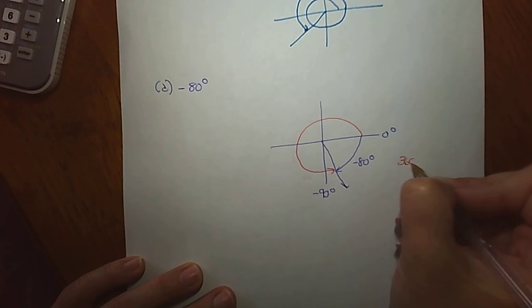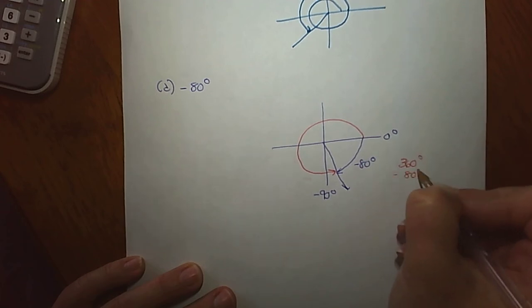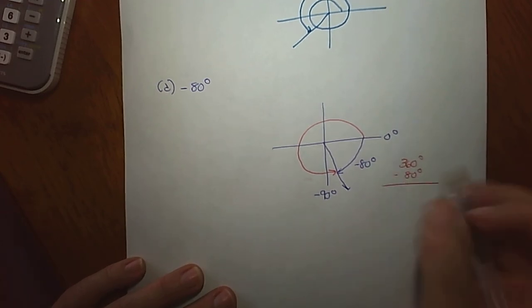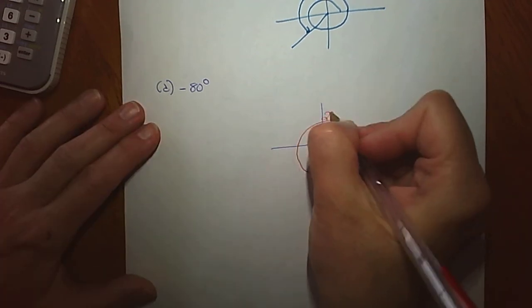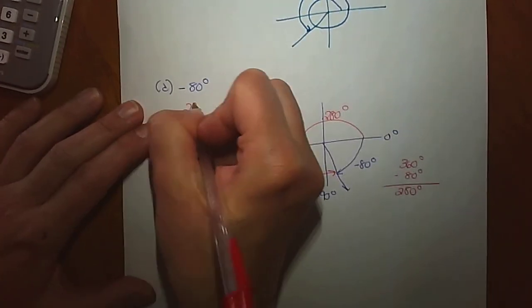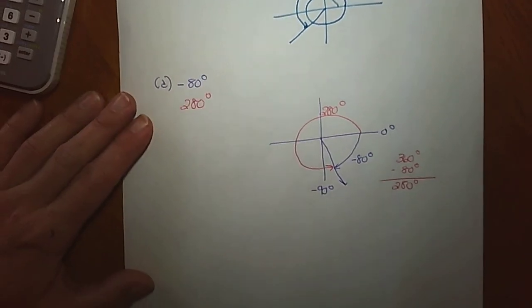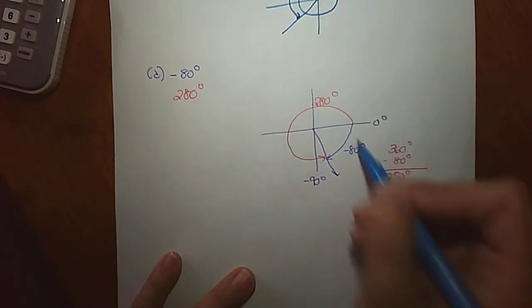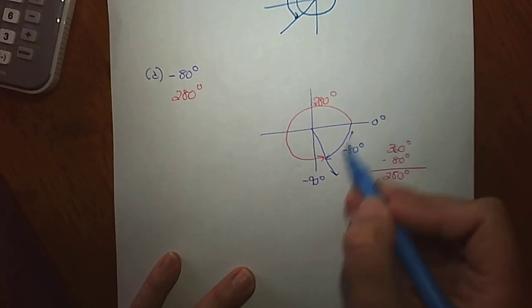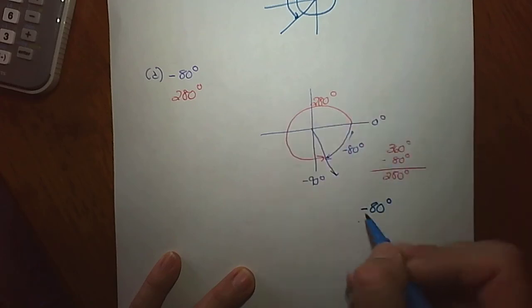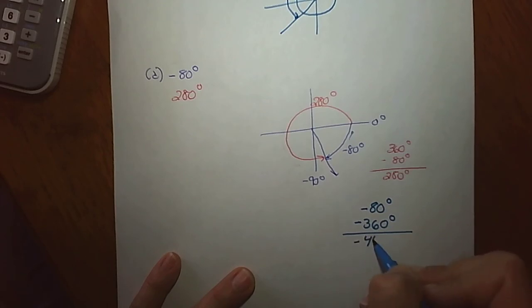So how far away is 360 from 80? Subtract them. And that makes 280. So this direction is the positive direction. So that's going to be positive 280. And now what if I want to go back? Well, since I'm going back, it was negative 80. If I want to keep going around, I want to go back another 360. So that would make negative 440.